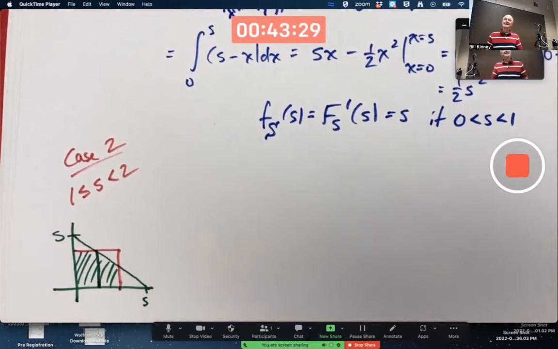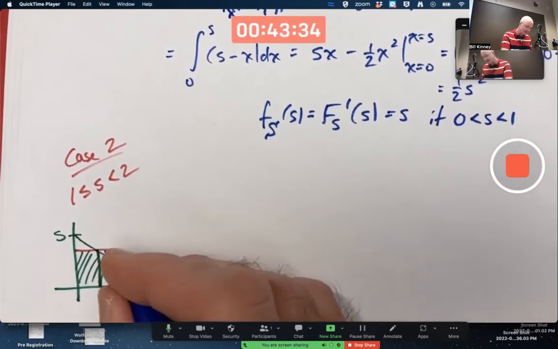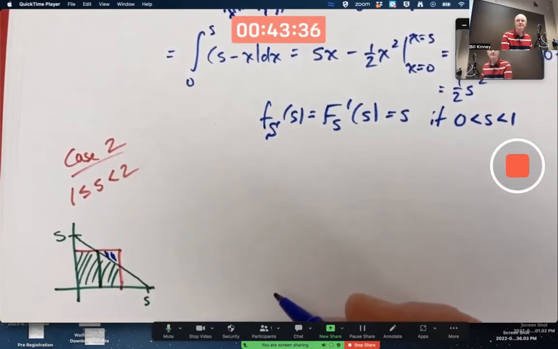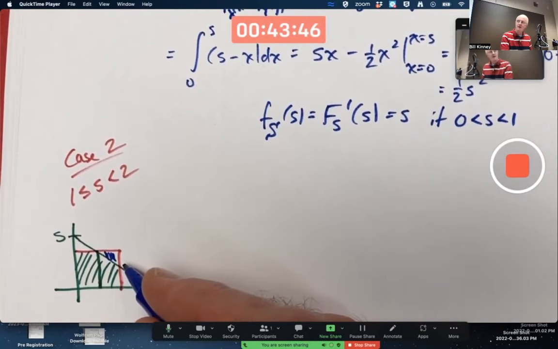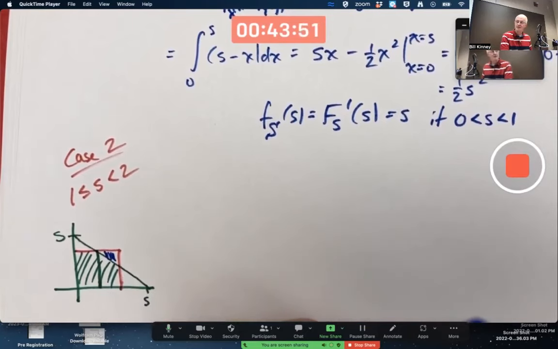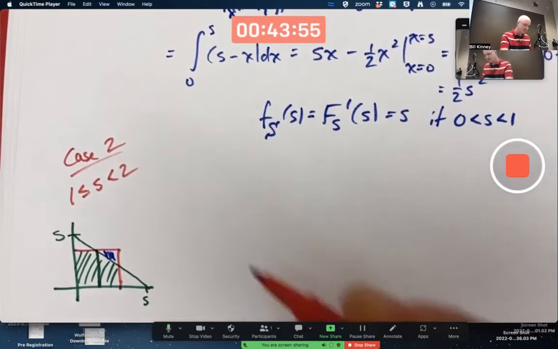Or what's probably best is to do 1 minus the integral over this piece. Right? That makes sense? The integral over the entire thing has to be 1. Integral over the green piece plus the integral over the blue piece, it's got to equal 1. So the integral over the green piece is 1 minus the integral over the blue piece. So in this case, that's what's best to do.